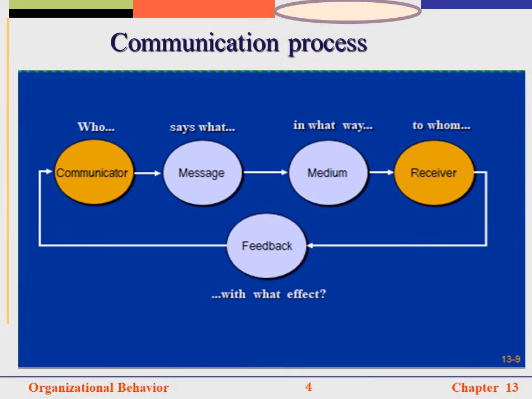The communication process. As we said, the manager and subordinates always communicate something with each other. So who is the communicator? Maybe he is a manager, or maybe he is an employee sending a message. And what does he send? A message. The message might be spoken or written, it might be setting goals, reports or a request from an employee to his manager, or an order from the manager to the employee.